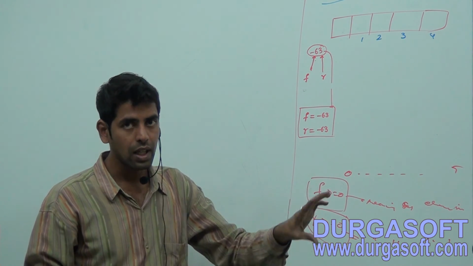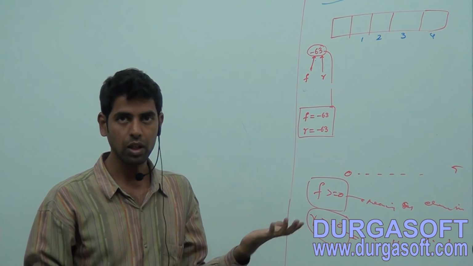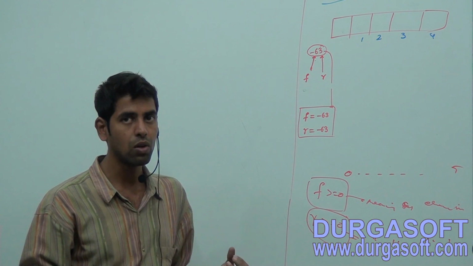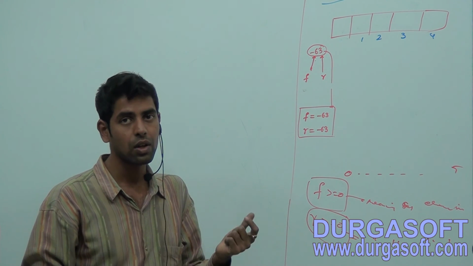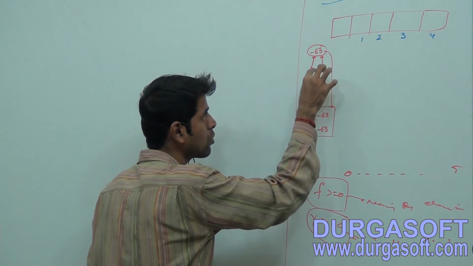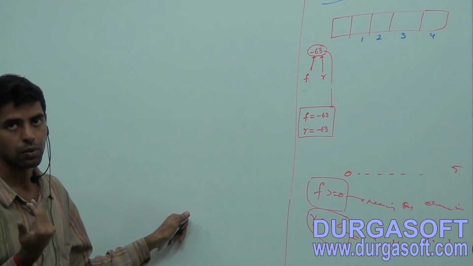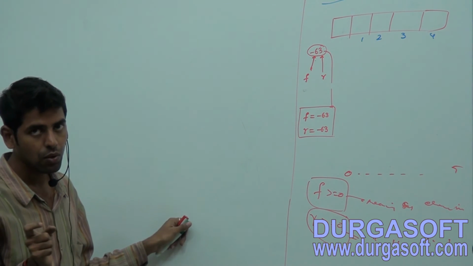To tell that information to the JVM or any interpreter, we have to follow some hidden tricks. I am going to make front and rear hold one negative value, any one negative value. Why only a negative value?